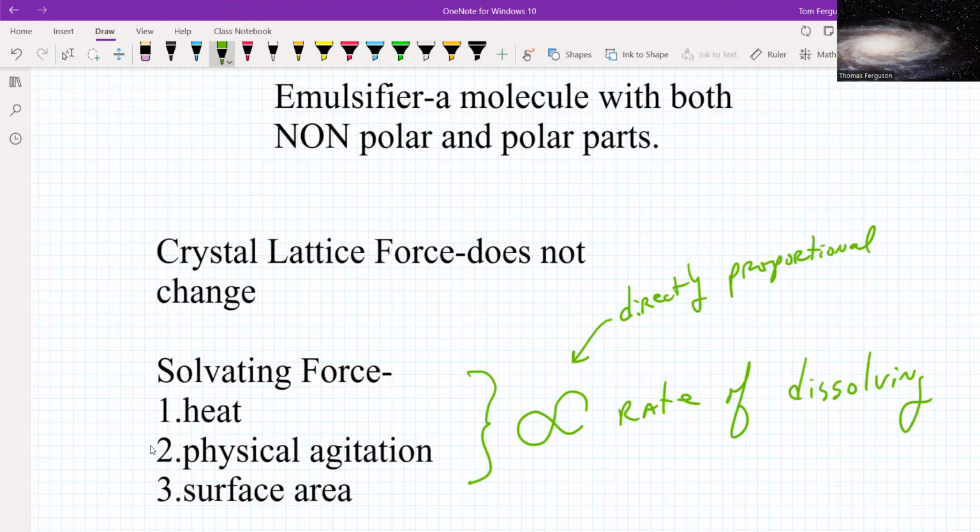So when one goes up, the other goes up. So if we increase the heat, solvating force increases. If we increase the physical agitation, solvating force goes up. If we increase the surface area, solvating force goes up.